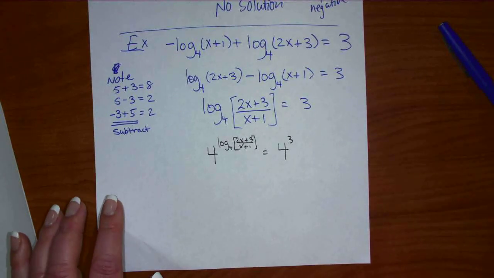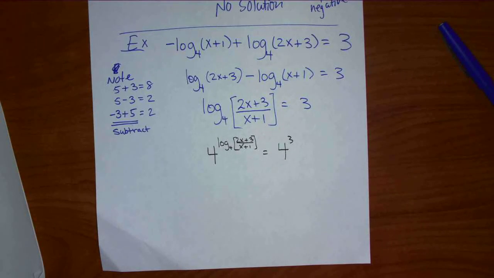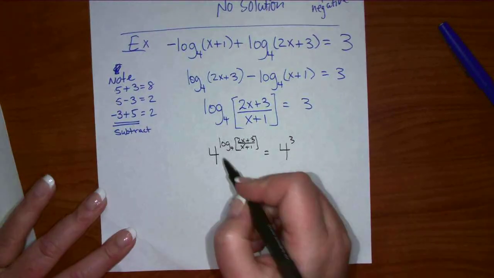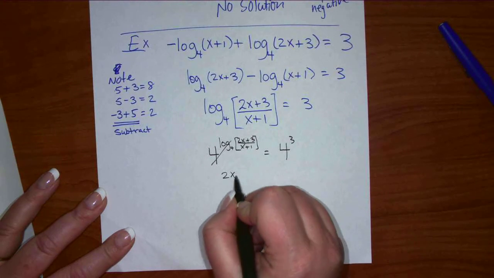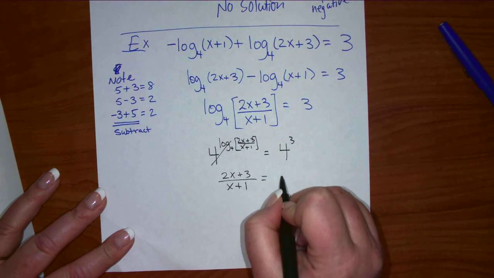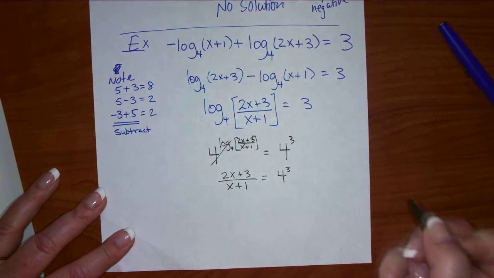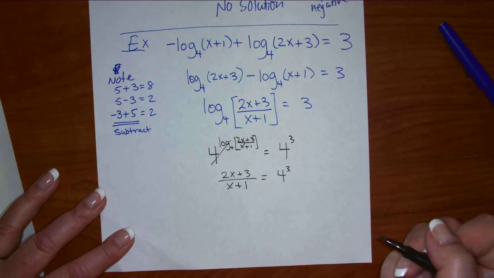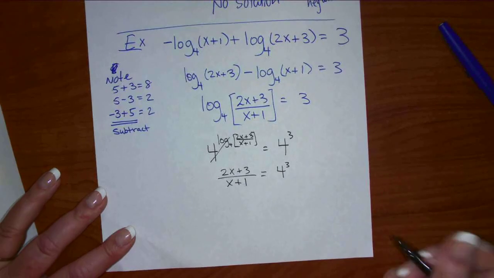So you raise both sides to the power base 4. These cancel, so we have 2x plus 3. It's no longer an exponent once they cancel. 4 cubed is what? 4 times 4 times 4? 64. Cross multiply?